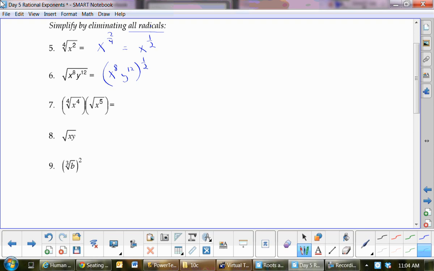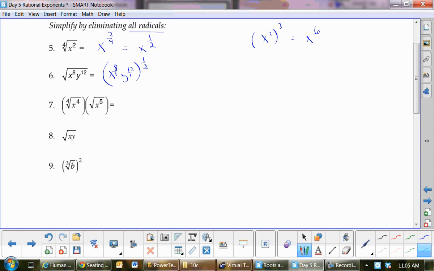Okay, now this is 8 over 1 and this is 12 over 1. You can multiply power to powers. Okay, so if you had x to the 2 all to the 3, that equals x to the 6.